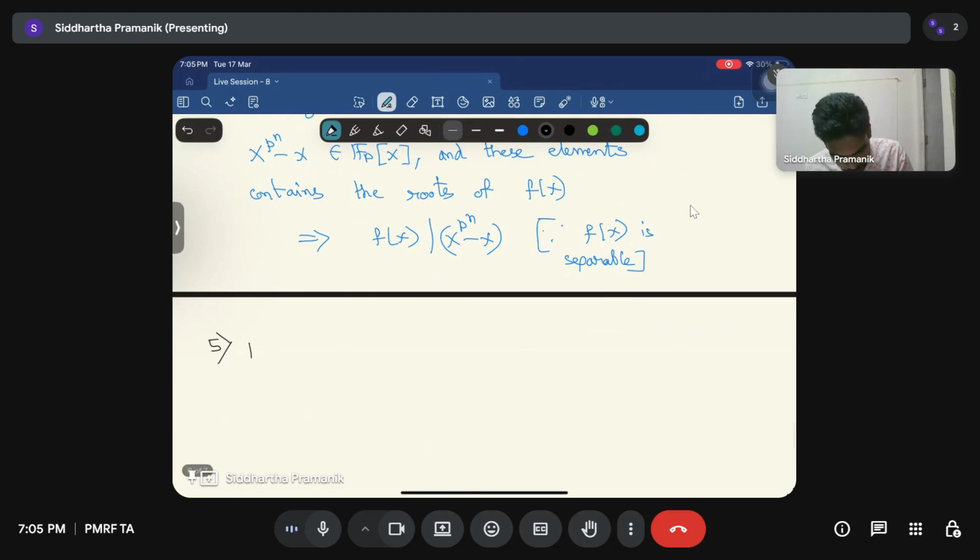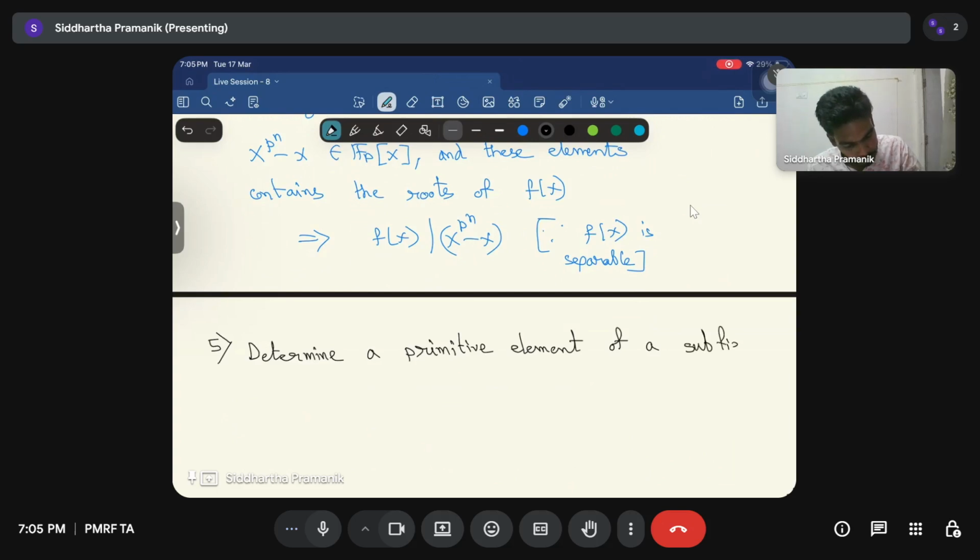Determine a primitive element of a subfield K of the field E = Q(zeta 13), so that the degree of K over Q is 3.